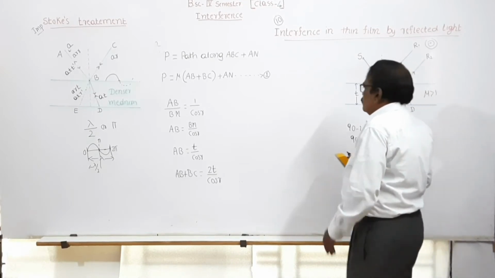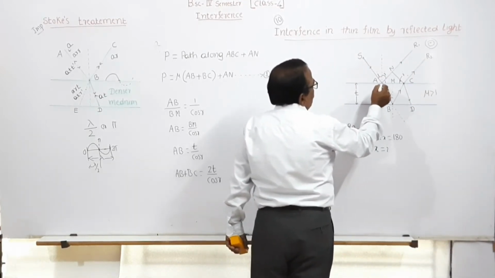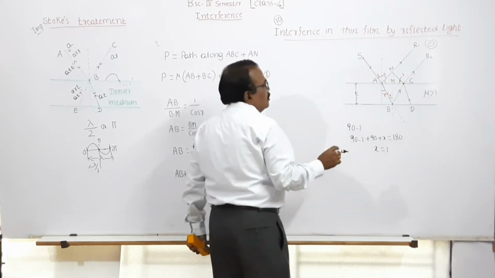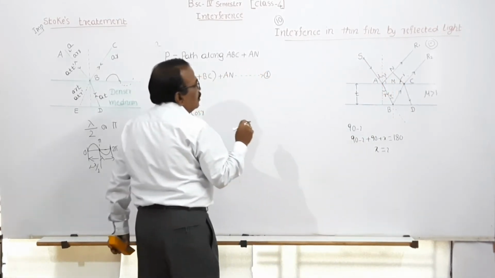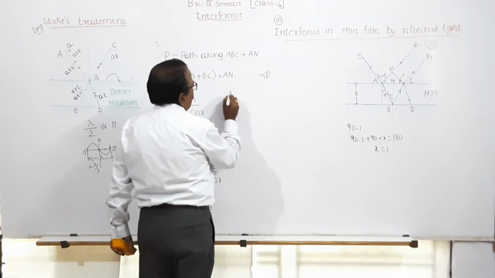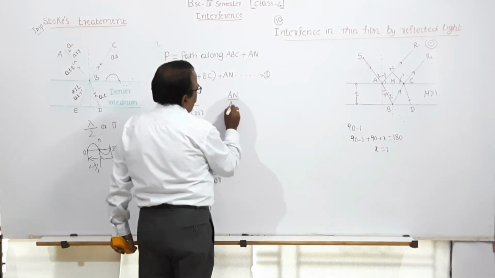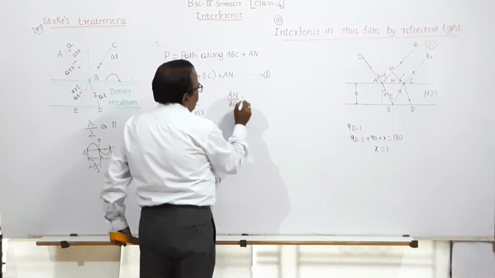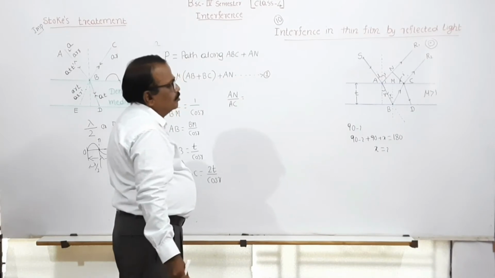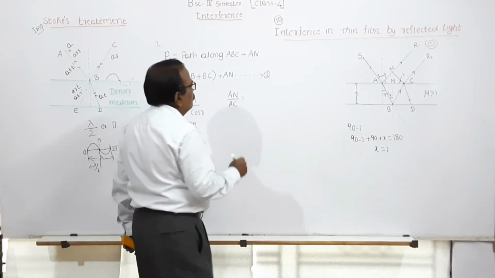Okay. If that angle is I, in right angle triangle ANC, AN upon AC is what theta? Opposite side divided by hypotenuse is sin theta.